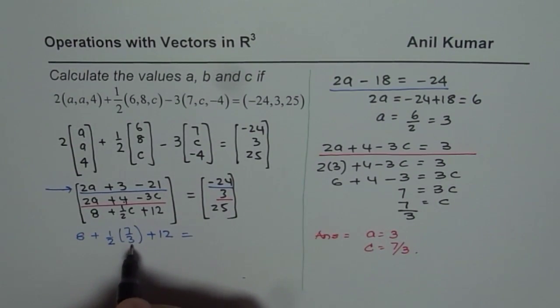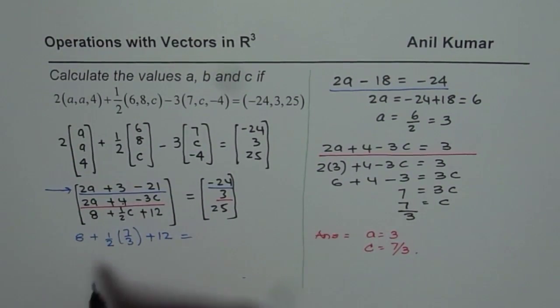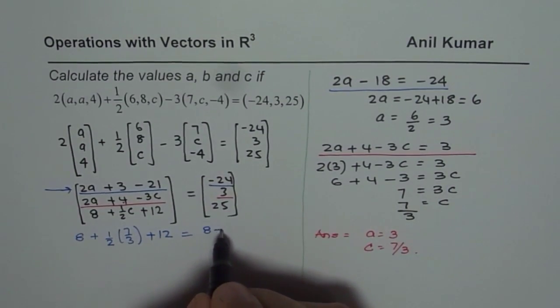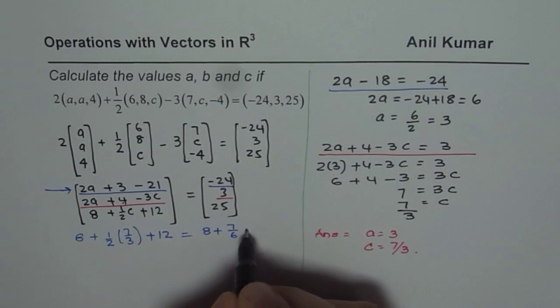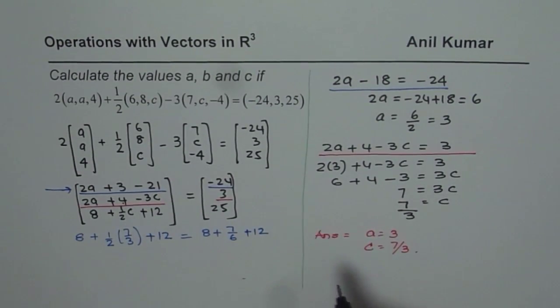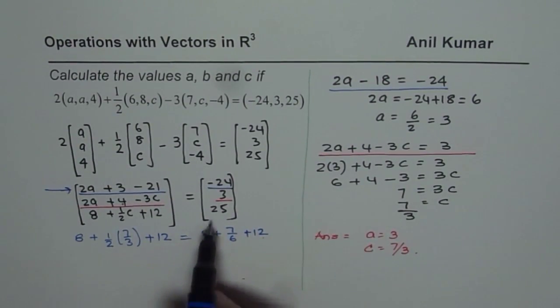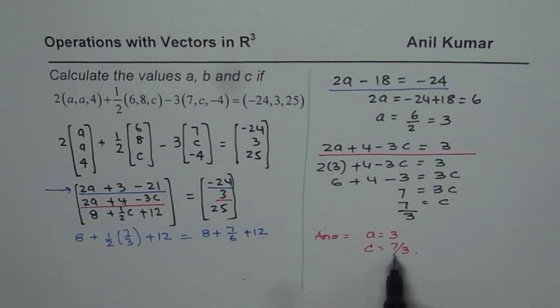Let's figure out how much it is, because that's a fraction anyway. So we get 8 plus 7 over 6, plus 12, and that is clearly not 25. So that means we made some mistake in copying the question somewhere. So things have gone wrong.